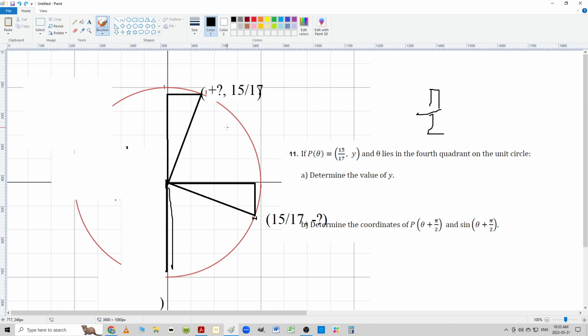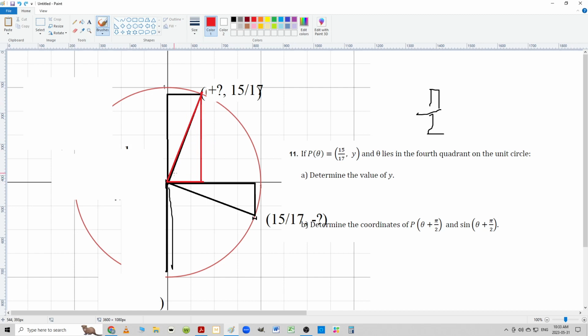What is the sine? Because now the triangle that I have to build to determine the sine has to be between here and the x-axis. I'm not allowed to evaluate sine unless I build the triangle against the x-axis.